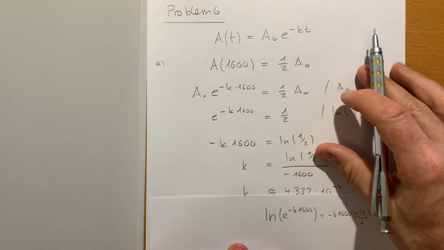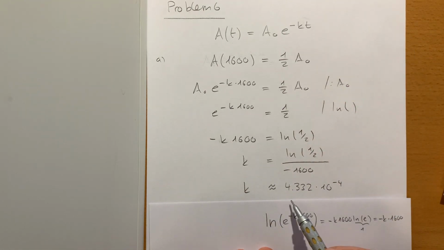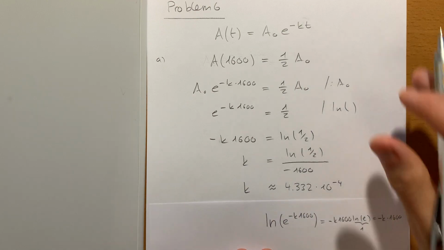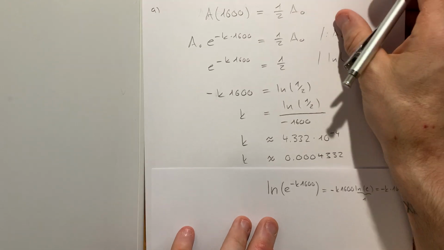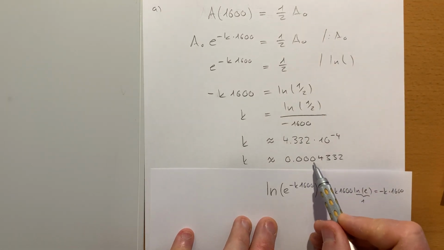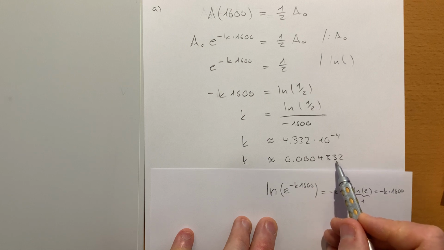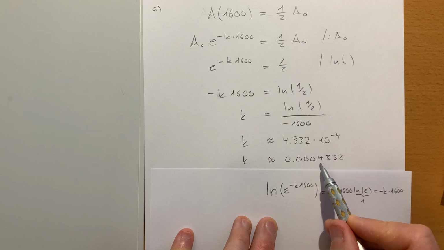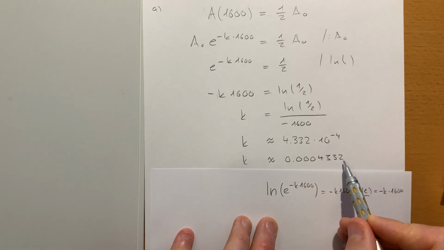When you do that and you type it in, you're going to get 4.332 times 10 to the minus 4, which could be written as 0.0004332. And these are the significant figures, okay? The ones that differ from 0.